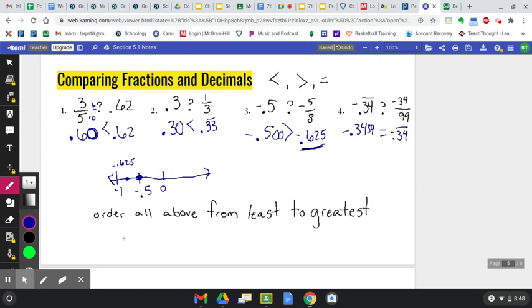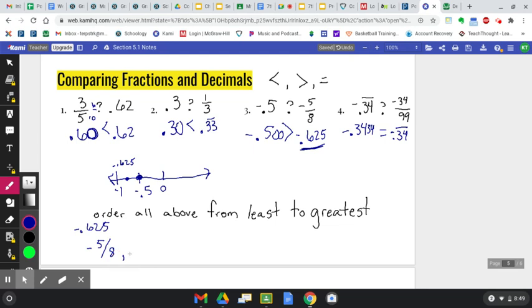Now, if this were an answer key, I know that the negative 0.625 is the smallest, but my answer key wouldn't say that because this is the value they gave me. I changed it to a decimal so that I could compare it. So on the answer key, it would say that negative 5 over 8 is the smallest.